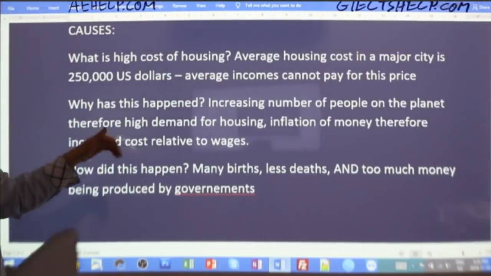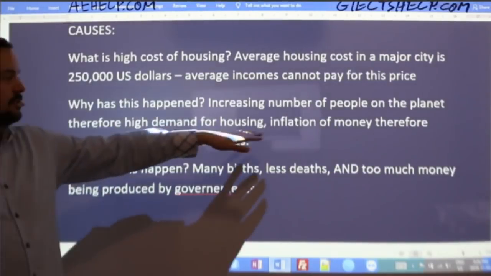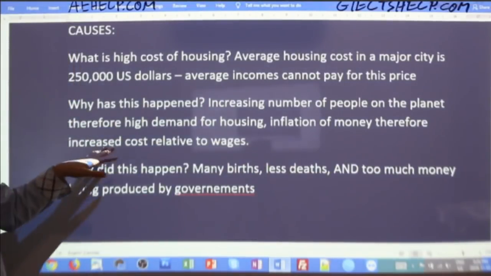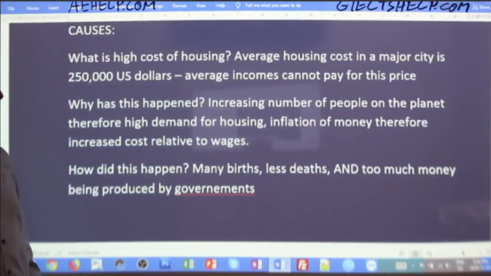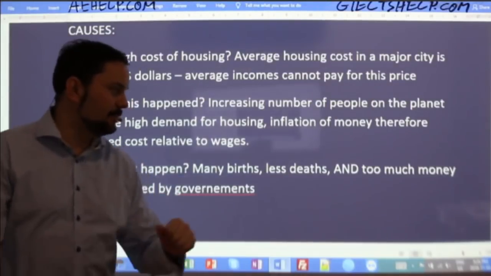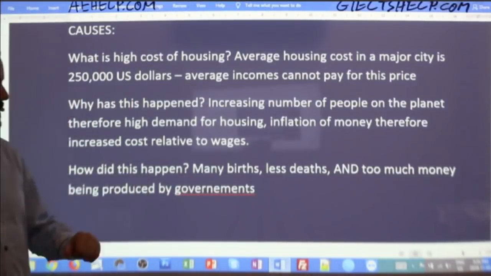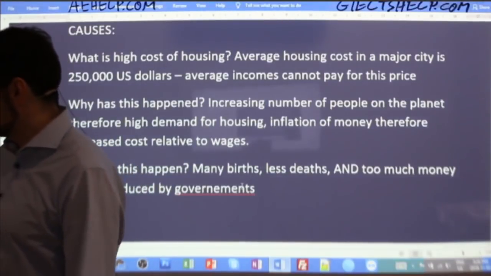Why has this happened? There's a lot of people on the earth, high demand for houses, inflation of money, money's not worth as much, and people don't make a lot of money compared to the cost of goods. How did this happen? A lot of people were born, not many people died, and there's a lot of money being printed by governments. Okay, sure. So that's clear so far.